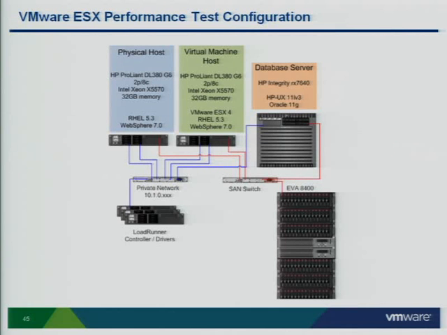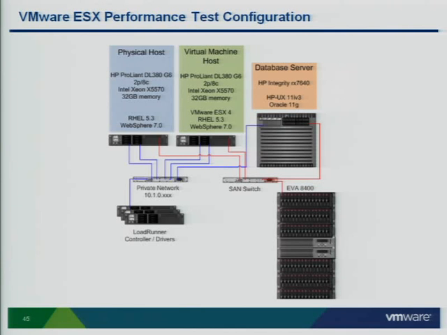This is the test configuration where we have run a physical to virtual comparison benchmark using vSphere on identical systems, with ESX4 installed on one server and Red Hat, the same operating system, on the other.